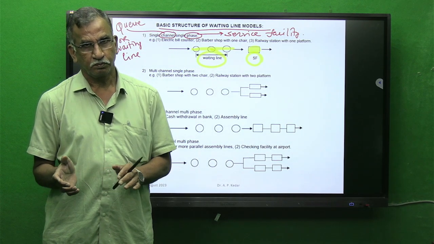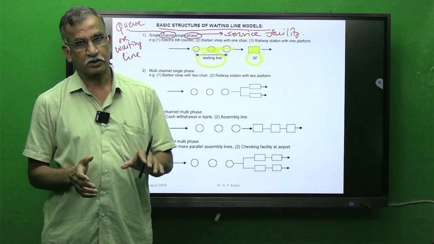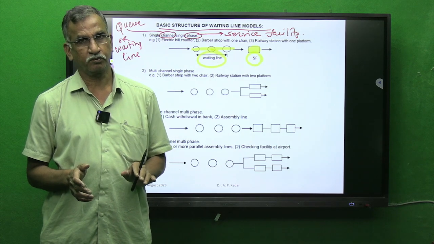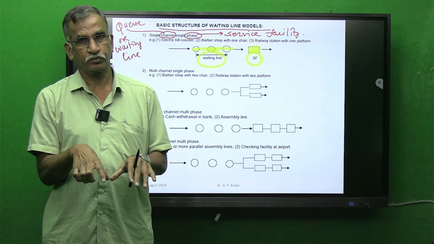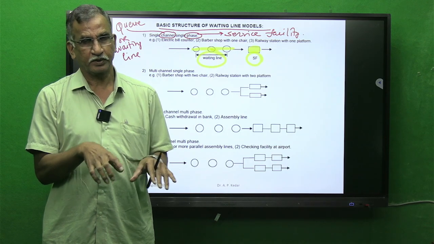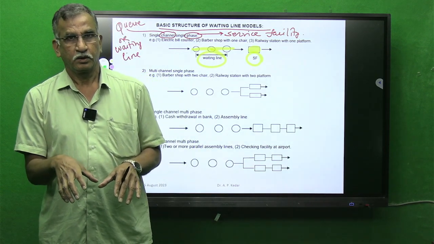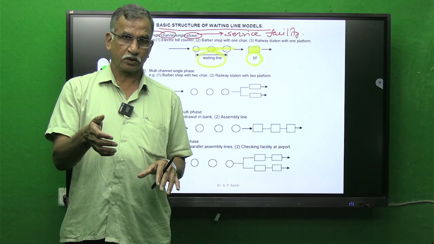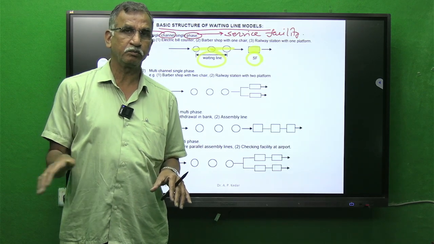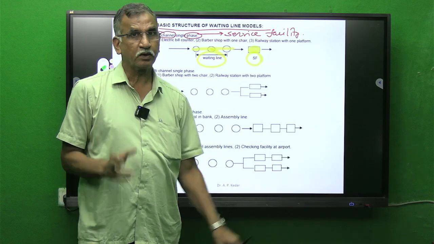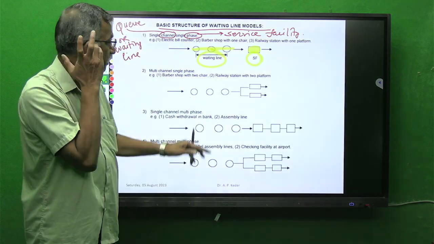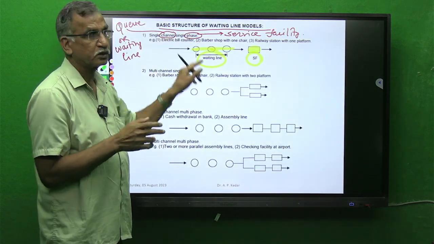So the commuters, passengers have to wait on the single platform. The train arrives, stops there for a few seconds or few minutes, passengers get in or get out of the train, and then the train moves. So the example, railway station with one platform, is single channel, single phase.